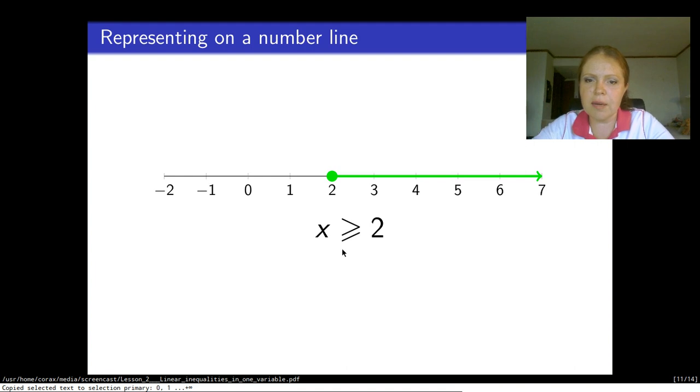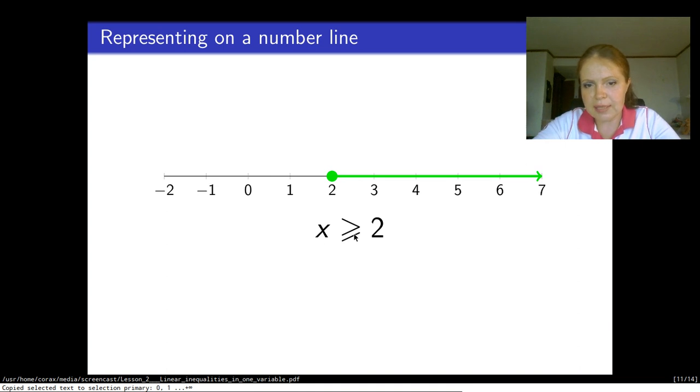For this example, x is greater than or equal to 2. So let's find number 2 on the number line. That's here. Can you see number 2 and the circle above number 2 is shaded, is closed, colored with green? Because number 2 is also a solution for this inequality.